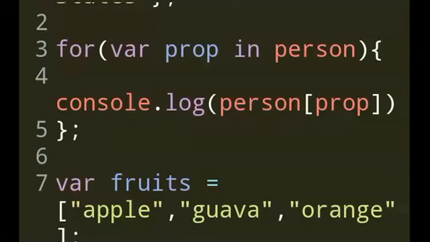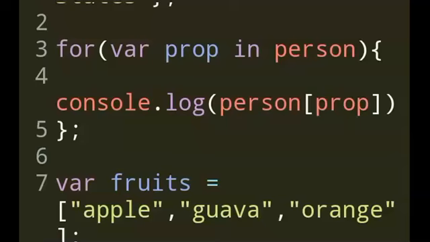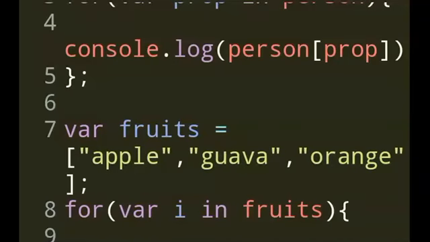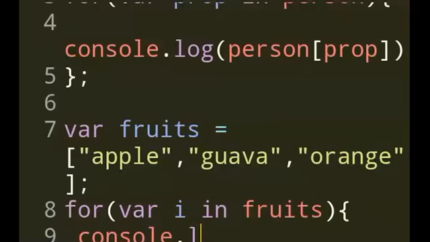Then I want to loop through this. Yeah. So how do I loop? For variable I. So here it's the index variable that I am looping through in fruits, because fruits is my array name. Yeah. So I have to mention that, and then the curly brackets. Now I want to console log to see the result.